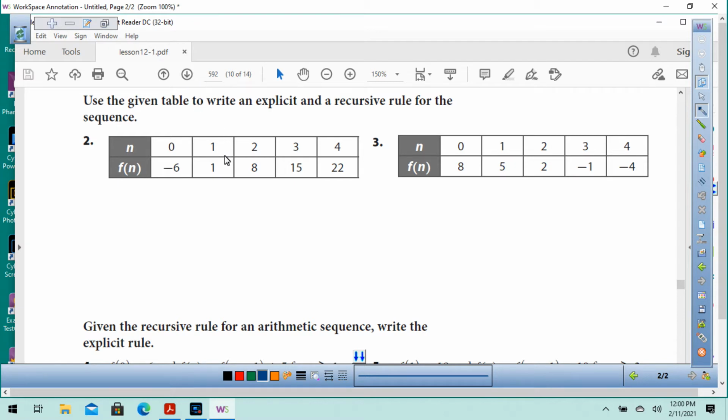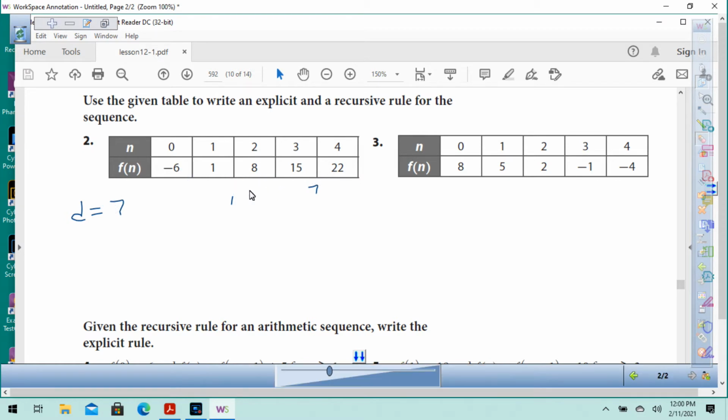Okay? If you take 1 minus -6, that gives you a distance of 7. 8 minus 1 gives you a distance of 7. 15 minus 8 gives you a distance of 7. And then 22 minus 15 gives you a distance of 7. So we can say that D equals 7.